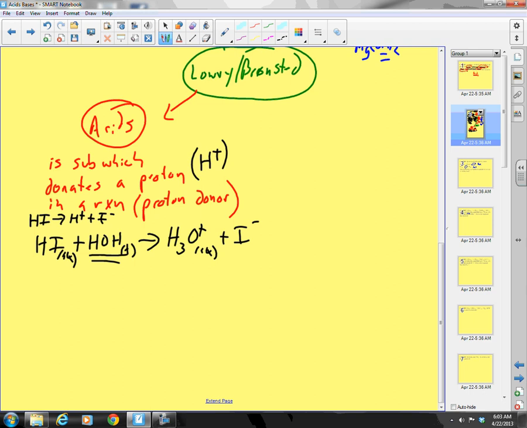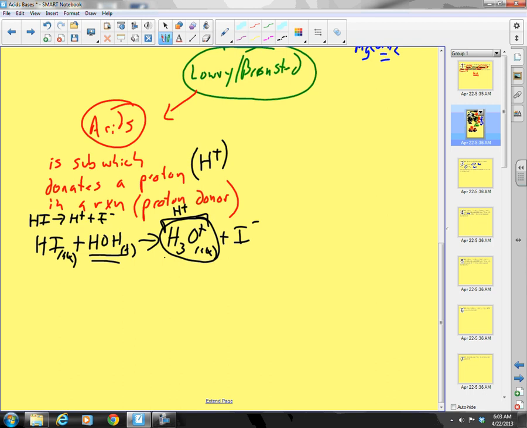We're going to actually have it react with water, which is closer to reality. And so instead of looking at H plus concentration, we look at hydronium. And we kind of use hydronium and hydrogen cation interchangeably. But when we're talking about acids, we're going to start talking about something that increases my hydronium concentration.